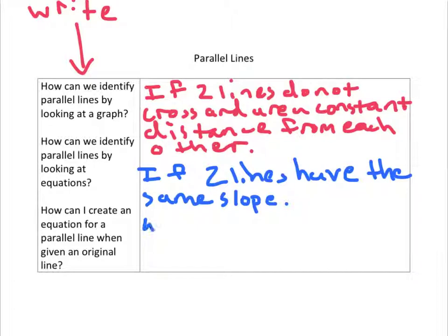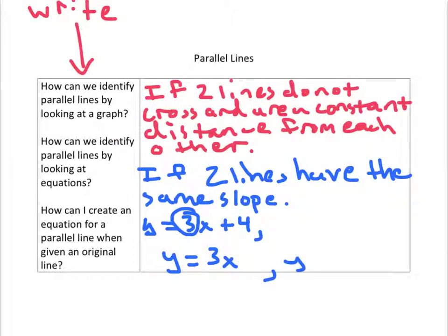Well, if your original equation is something like y equals 3x plus 4, the easy thing to do would be to just copy that slope. So y equals 3x. That's one line that's parallel. Another one could be y equals 3x minus 2. The key thing that you need to realize, though, is that they all have that slope in common, so that is what makes them parallel.